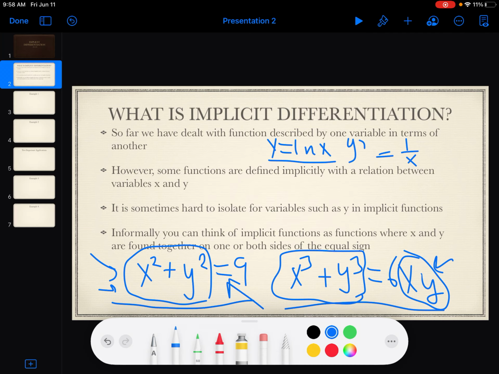Like this would be pretty easy to isolate. I haven't tried isolating this one, but from the looks of it, I don't think it's going to be a simple two-step thing. So it can be hard to isolate for y. So in order to take the derivative of implicit functions, we need to understand implicit differentiation. And it's best to learn implicit differentiation through example.